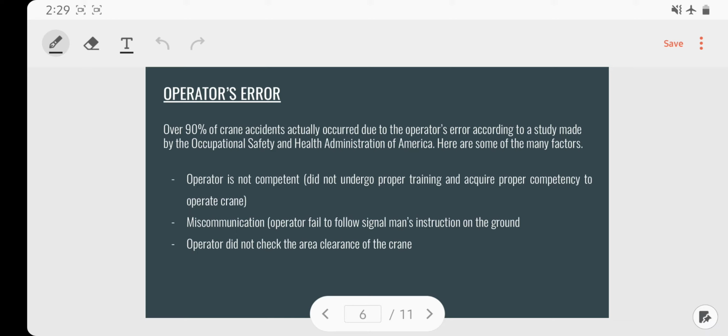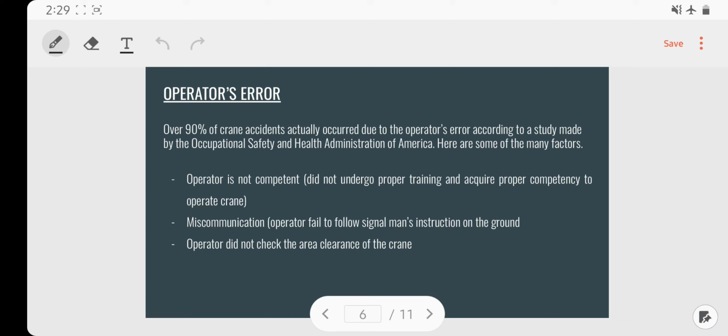The operator must always be alert to the signalman's signs or any instructions given by the signalman. You cannot take the risk of being reluctant to listen to the signalman.